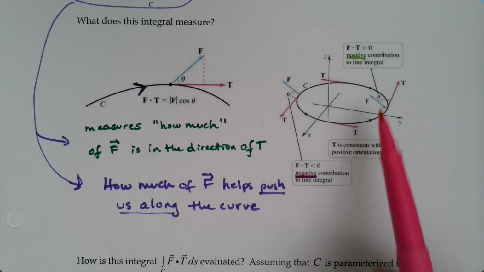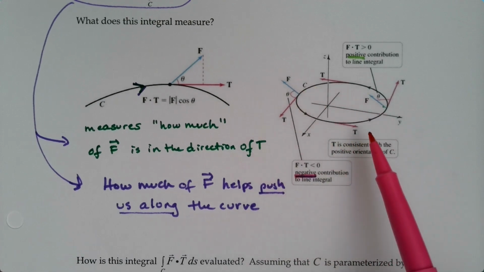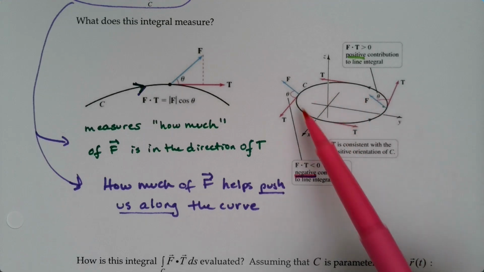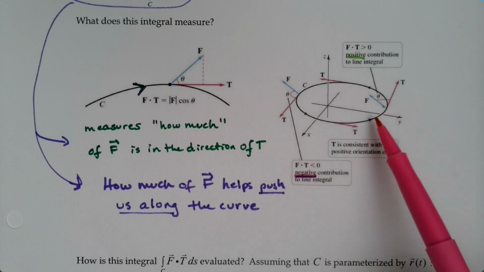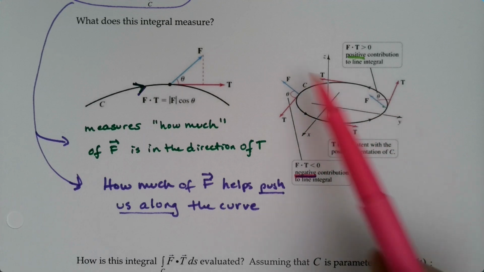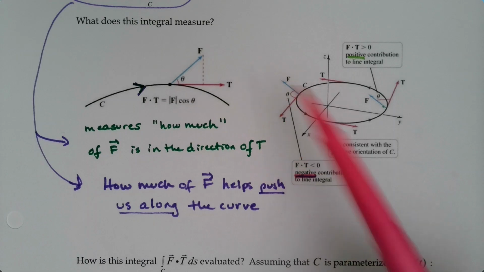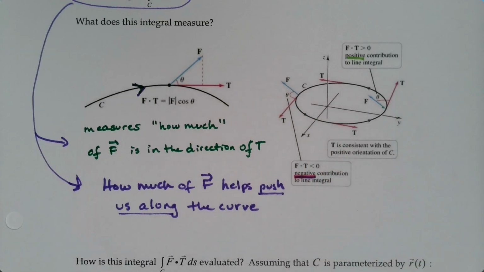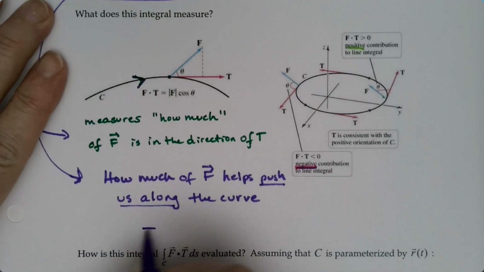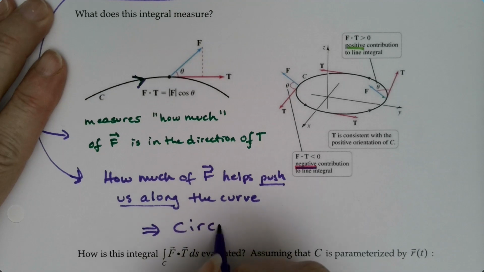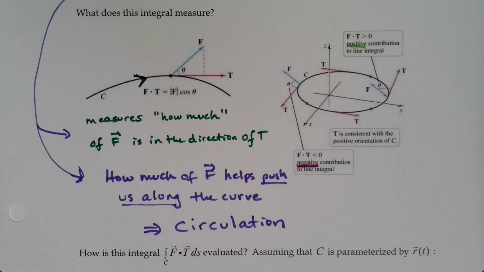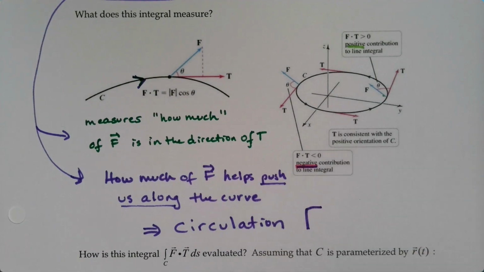So this vector field just exists and you place the curve in that vector field. And then T has this orientation, this curve has this orientation, and the vector field can sometimes help you and sometimes hurt you. So a measurement of how much the vector field is helping is what we're looking for. And there's a fancy name for that. It's called circulation, which is denoted by an uppercase gamma.